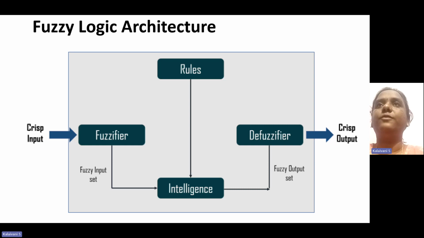In this architecture it is called rules, but compared to earlier architectures, rules is similar to the knowledge base. So that is rules. And the next component is intelligence. Intelligence here also represents an inference engine.